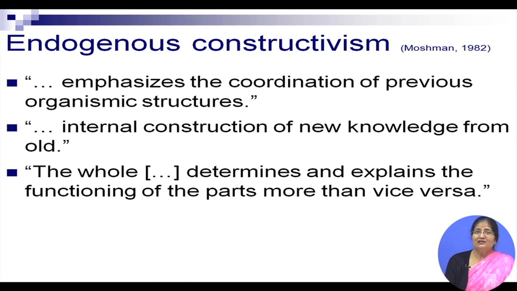So, it is an internal construction of new knowledge from the old. That is endogenous constructivism, which means that the meaning of whatever I am observing is being constructed in light of the meanings I have constructed in the past and will be connected to the meanings I am likely to construct in future. So, it is all a chain.